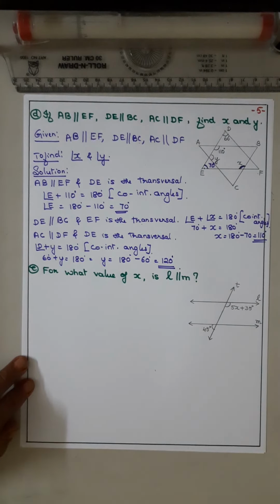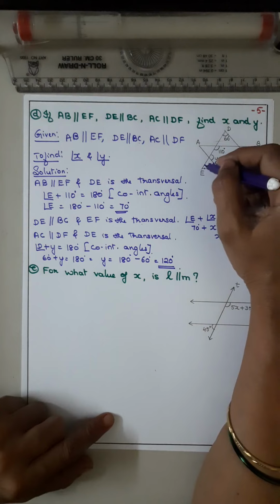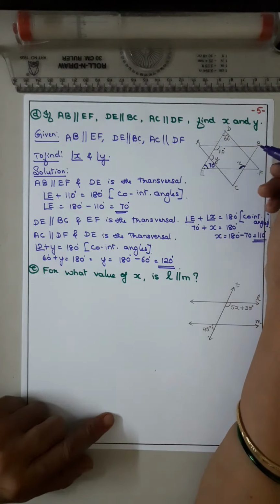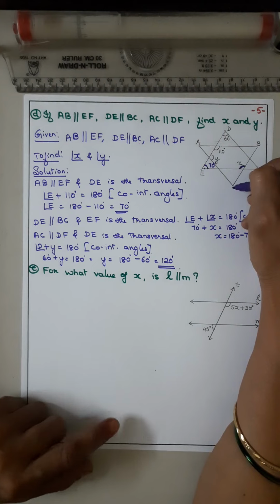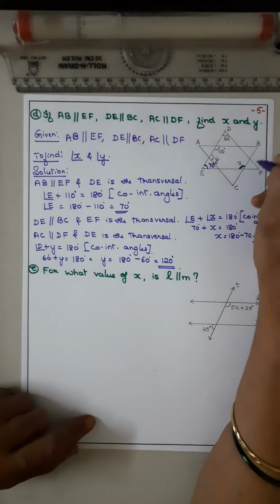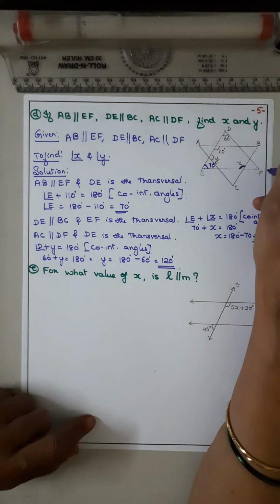So first what we did: AB is parallel to EF and DE is taken as a transversal, and we found this 70. Then you took DE and BC as the parallel lines and EF as the transversal.